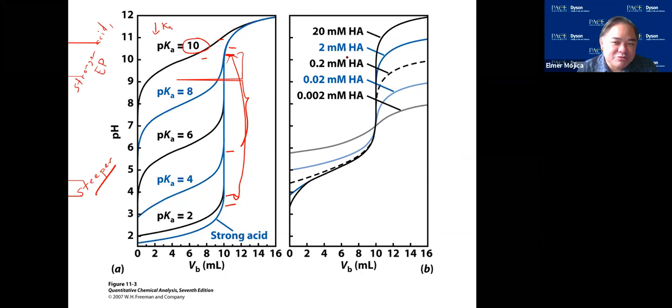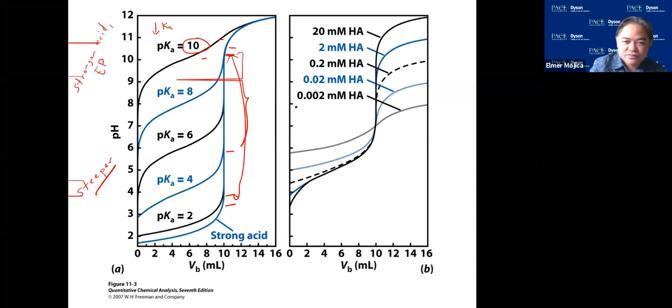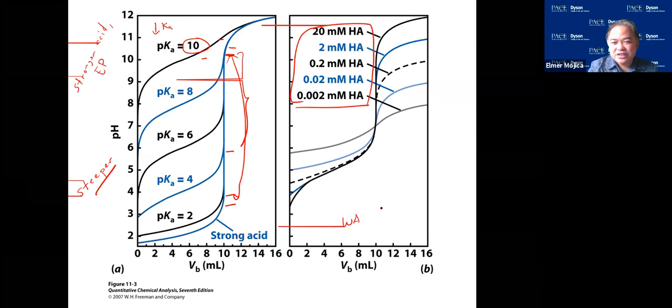Now, how about the second one here? What can you say about this? How is the steepness of the equivalence point affected? So these are weak acids. The higher the concentration of your HA, the what?